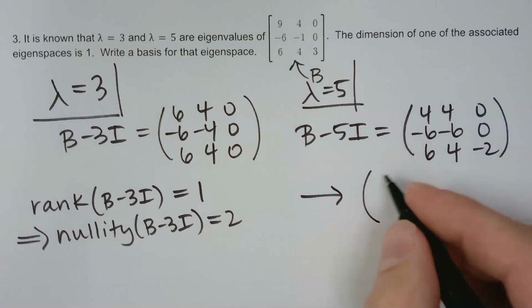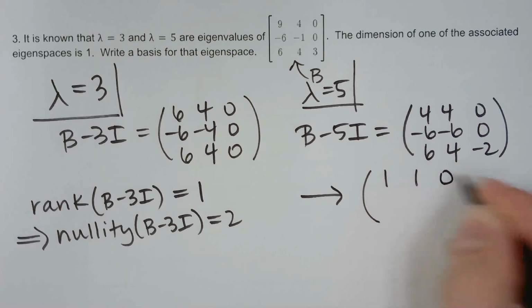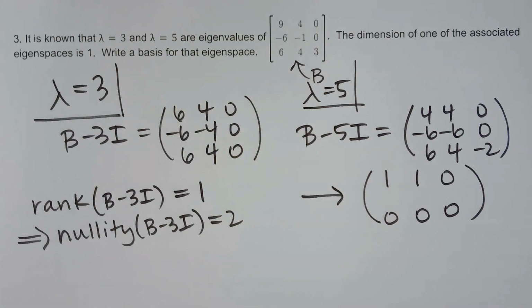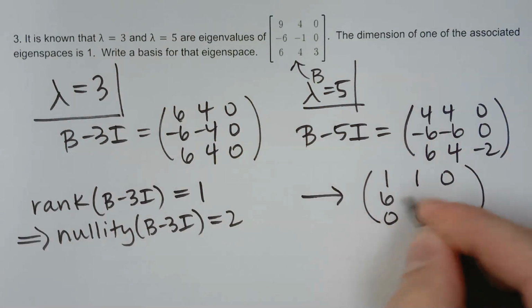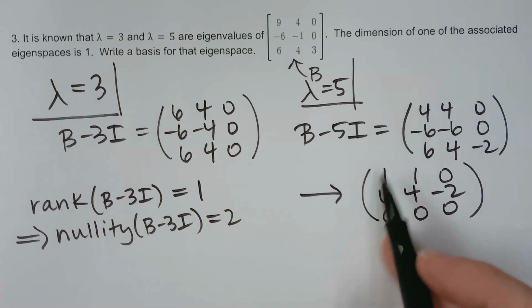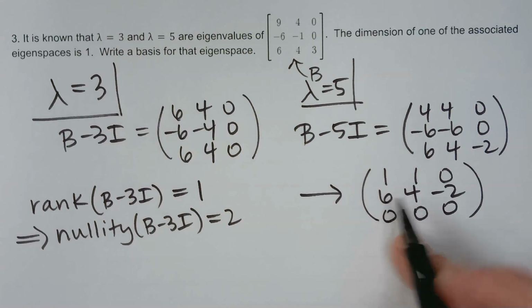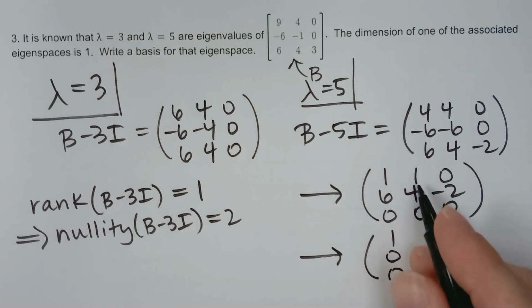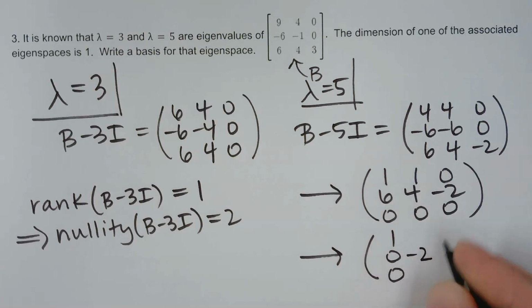Okay, that negative 6, 0 is going to become a row of all zeros at the bottom. But I think I'm going to promote this one and look at, okay, I might need to subtract 6 of row 1 away from row 2. 4 minus 6.